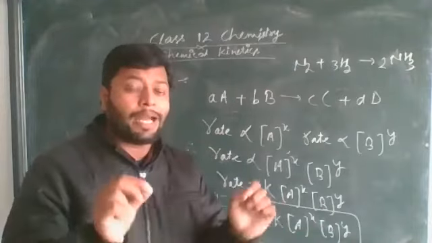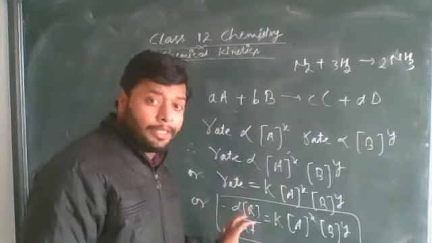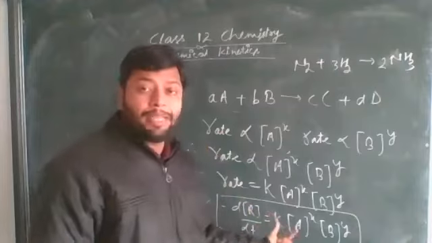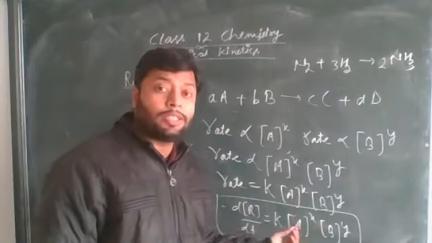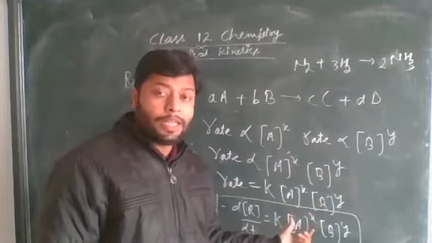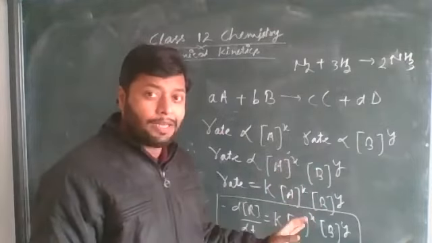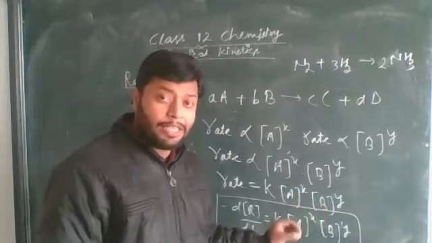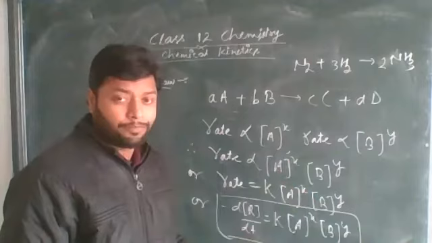For any given chemical process, the rate can only be determined by the combination of molar concentrations of reactants raised to some power. That power indicates the order of the reaction. That power indicates, experimentally, to what extent the reactants determine the rate of reaction.